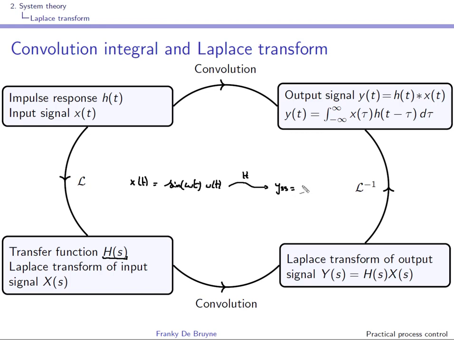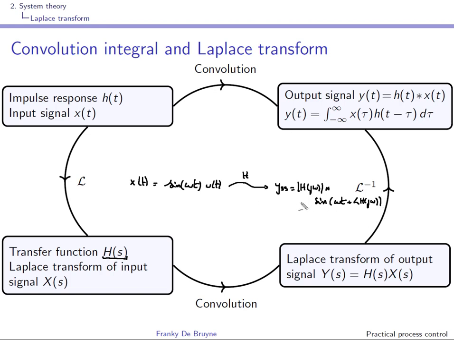Is really h evaluated in j omega, and then you take the modulus times the sine plus a phase shift. So what you have here is the argument of h evaluated in j omega.